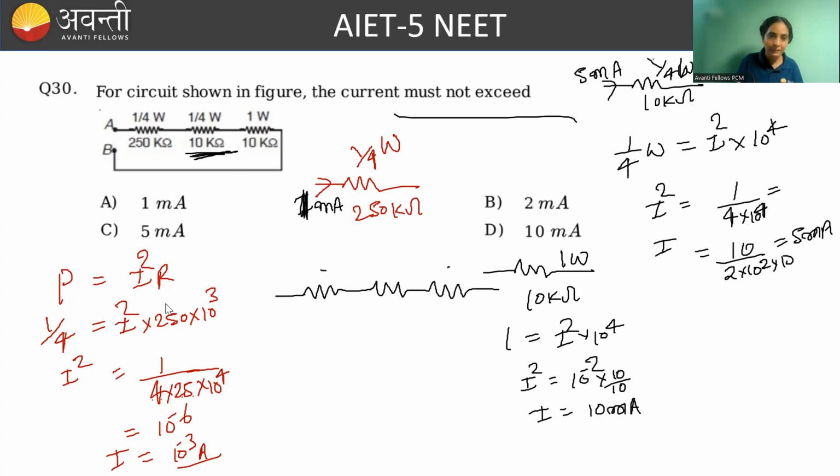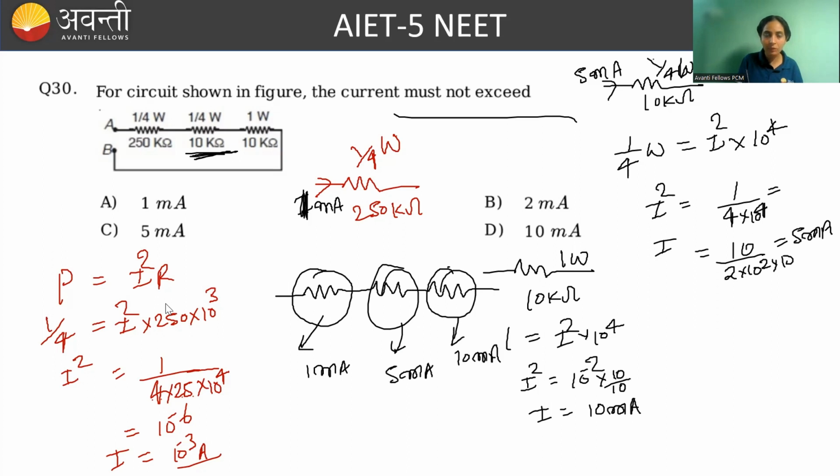Maximum current that the first can sustain is 1 milliampere. Maximum current that the second can sustain is 5 milliampere. Maximum current that the third can sustain is 10 milliampere. Suppose 5 milliampere goes through, the first resistor will not sustain it. It will break or melt.